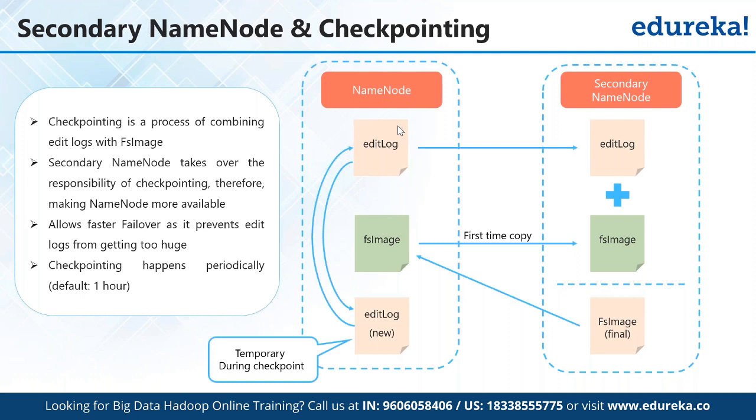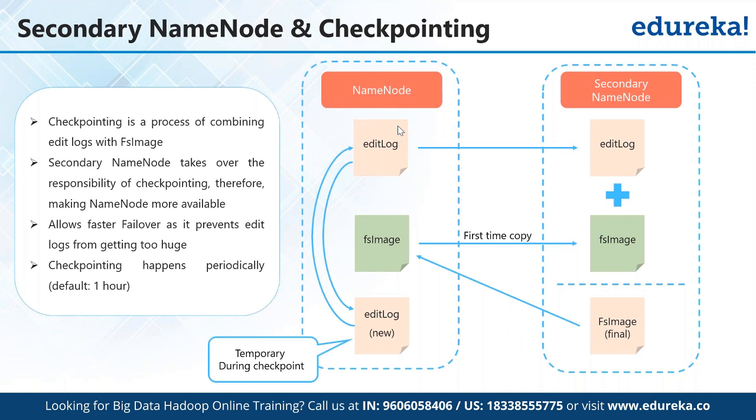At any given point in time, name node's current state will be the original state, which is FS image, and what has been changed after that, which is edit log. Got it? So the FS image plus edit log will be the current state of my name node. And who does the merging of the two? Secondary name node does.